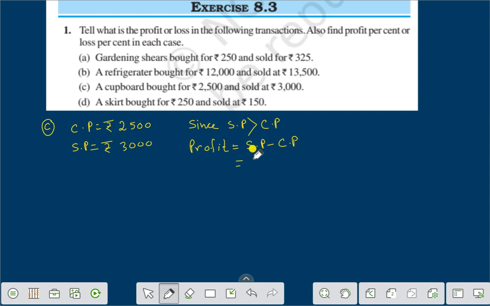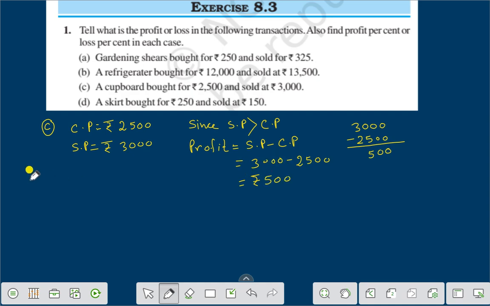Selling price is rupees 3000, and cost price is rupees 2500. We subtract this one, 3000 minus 2500, then we are getting 500. That is, profit is rupees 500.